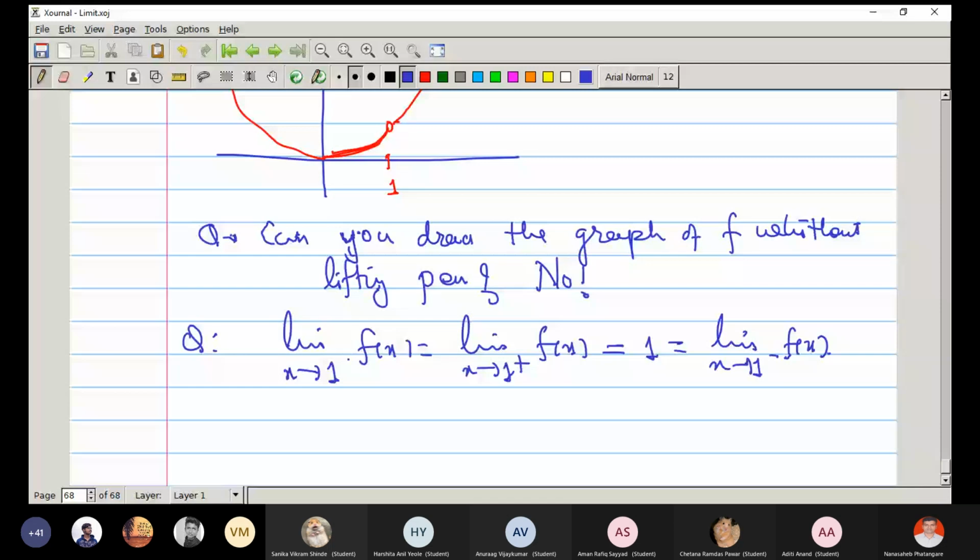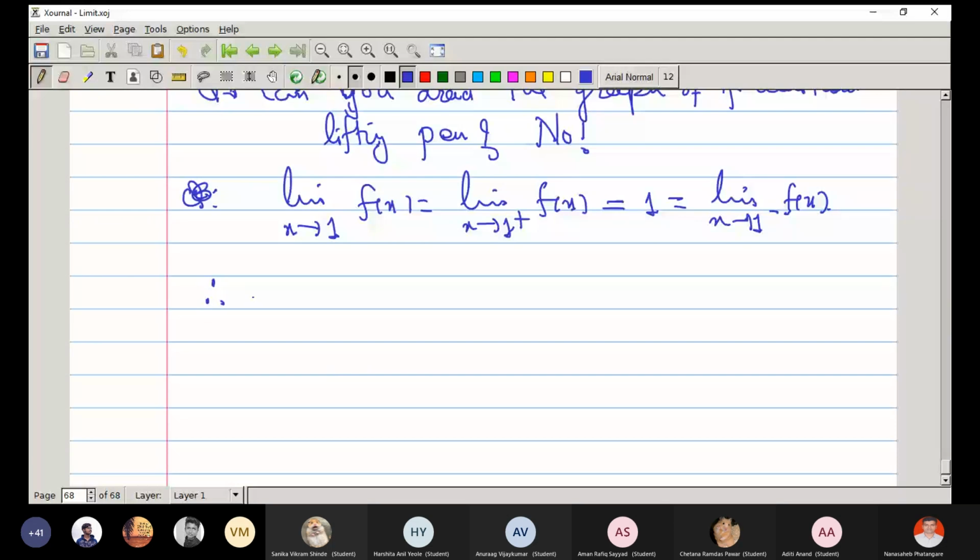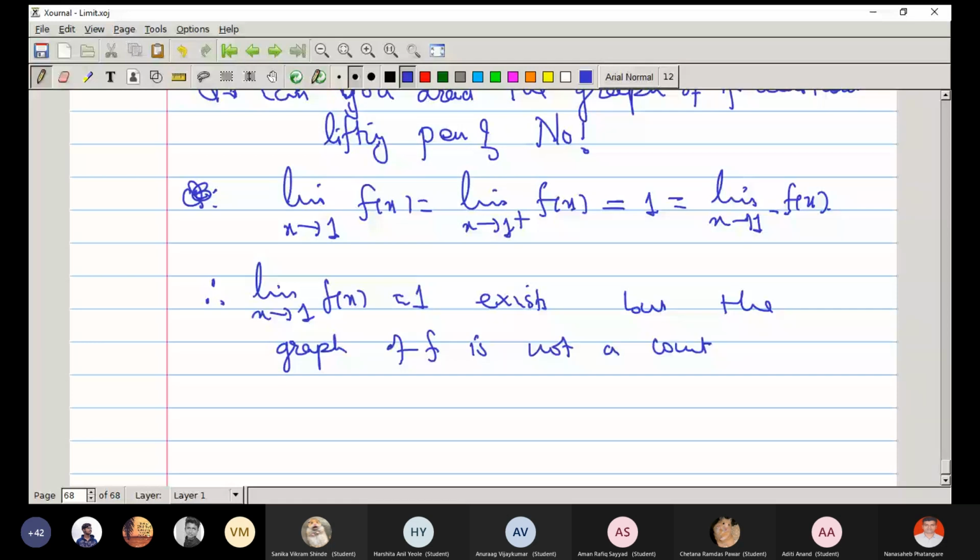So we cannot draw it, therefore the limit as x tends to 1 of f of x is 1 exists, but the graph of f is not a continuous curve. Do you agree?